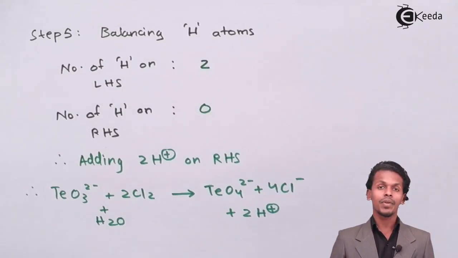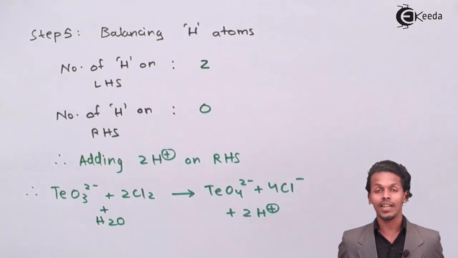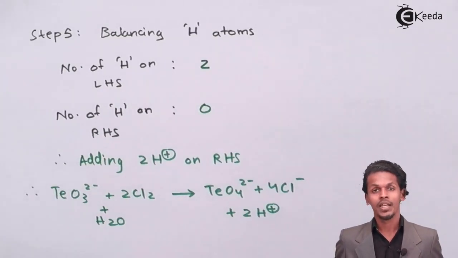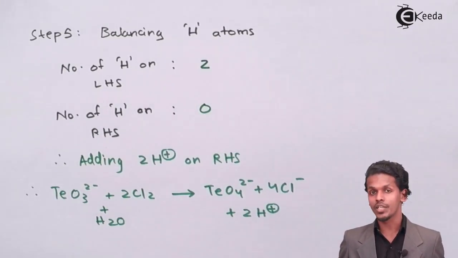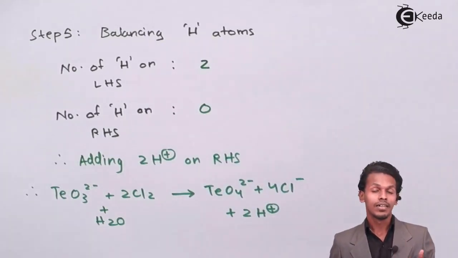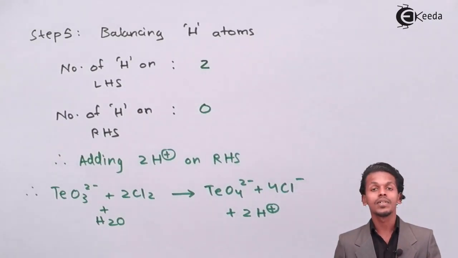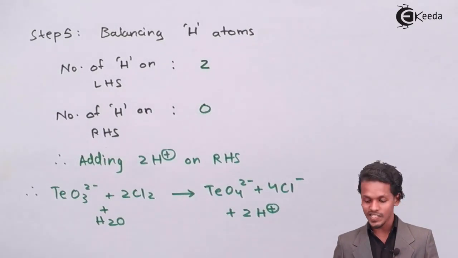But this is not over yet, because this will give a solution which is present in acidic medium, but we are balancing it in basic medium. So first of all, we should neutralize this acidic solution. So we will add the same number of OH minus ions as there are H plus ions in the acidic medium.